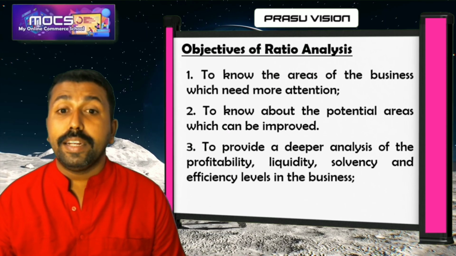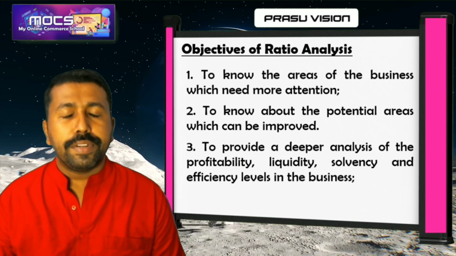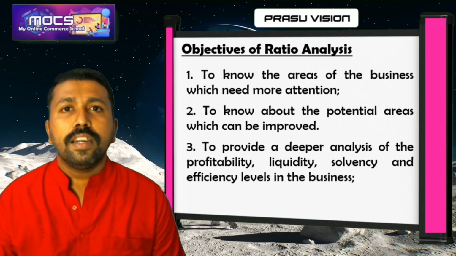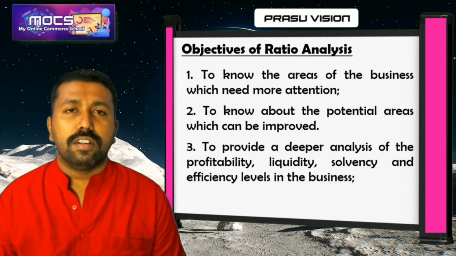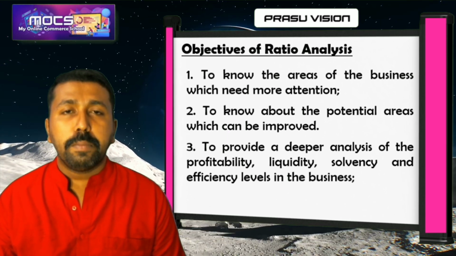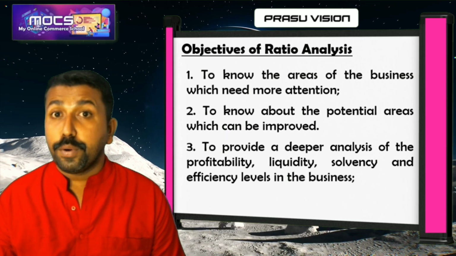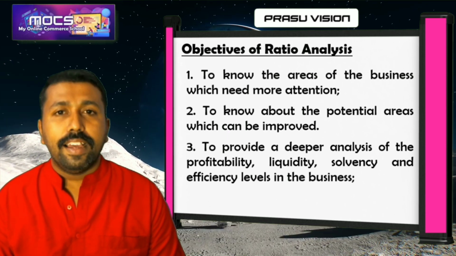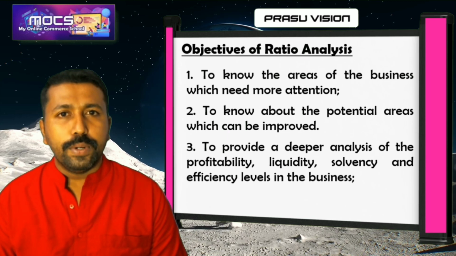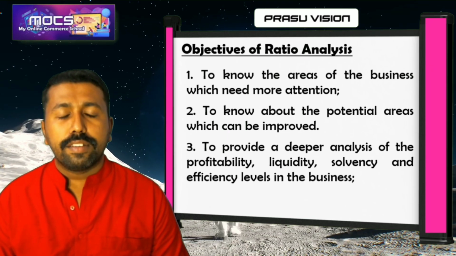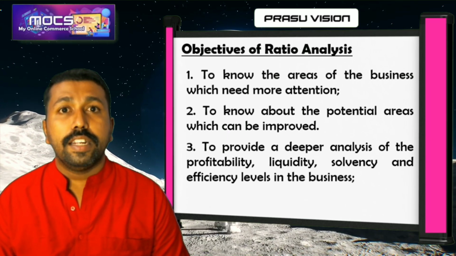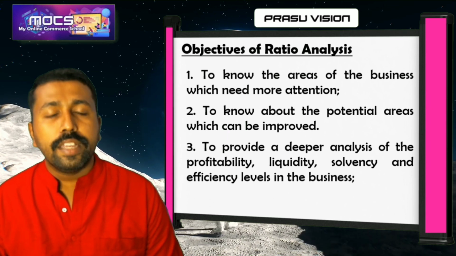Also, it provides a deeper analysis of the profitability, solvency, liquidity, etc. related to the performance of the organization. Around four categories are there as accounting ratio. So, you will learn in detail as we will learn the different families of accounting ratio.